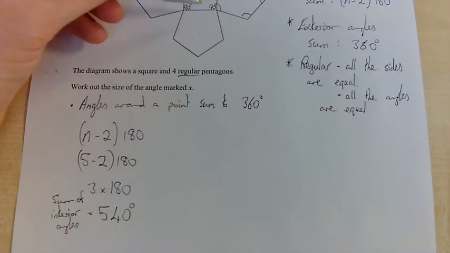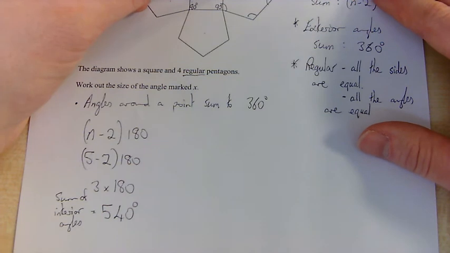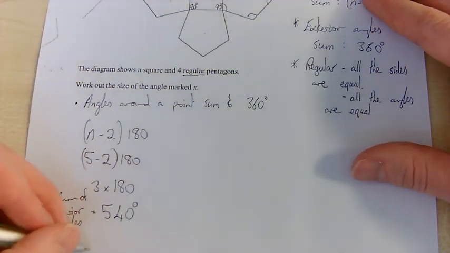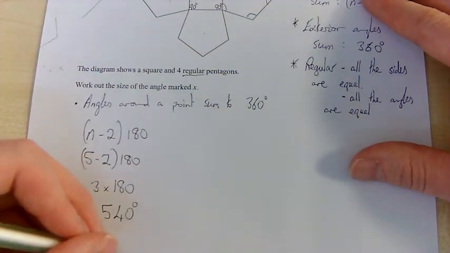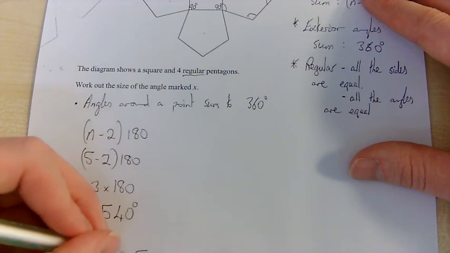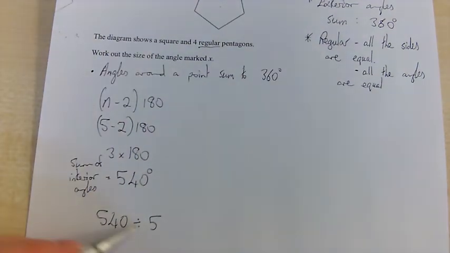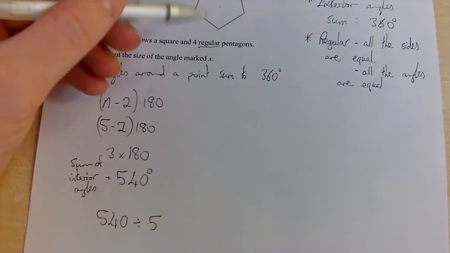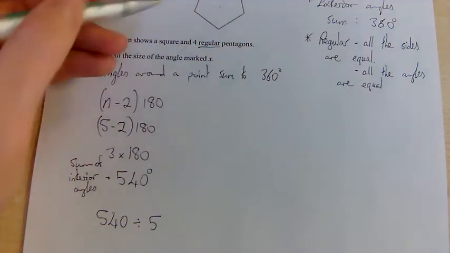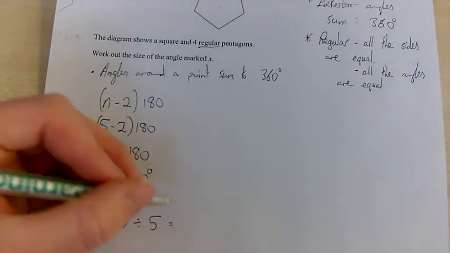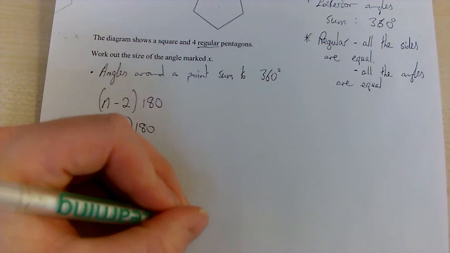We don't want the whole sum of the interior angles, we just want one angle. So 540 divided by 5, because there's 5 angles in the polygon, and all 5 angles are equal, remember, because we're told it's a regular pentagon. So 540 divided by 5 is 108 degrees.